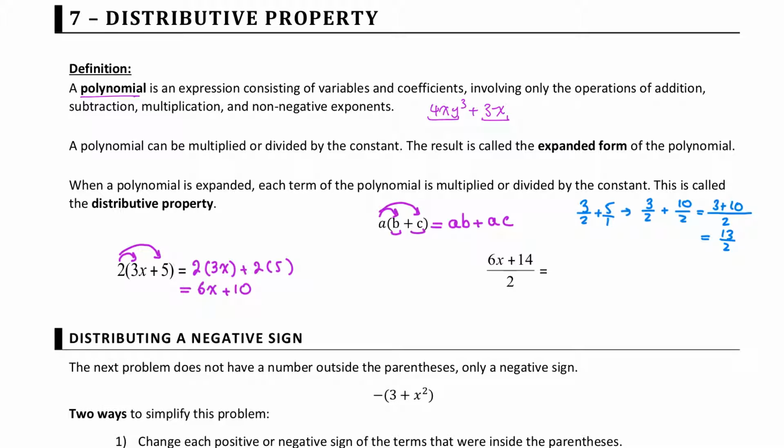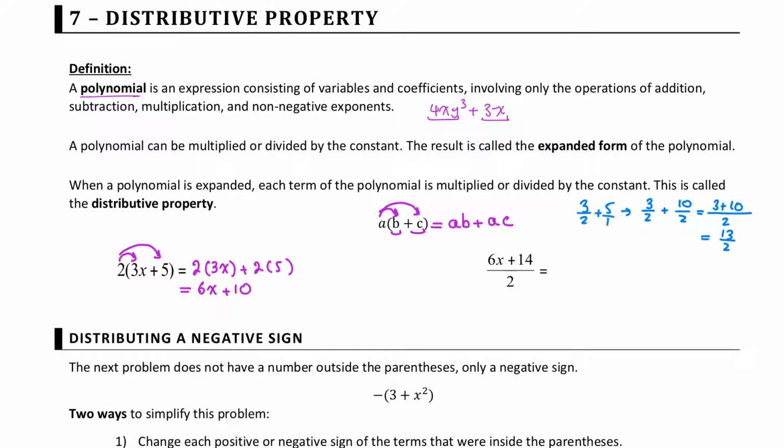So we're saying if 3 plus 10, which you can kind of say is a polynomial, is divided by a constant, that's similar to saying 3 is divided by 2 and added to 10 divided by 2, which is over here. So these two are equivalent. We've always been going forward. Now we know that we can also go backward if needed.